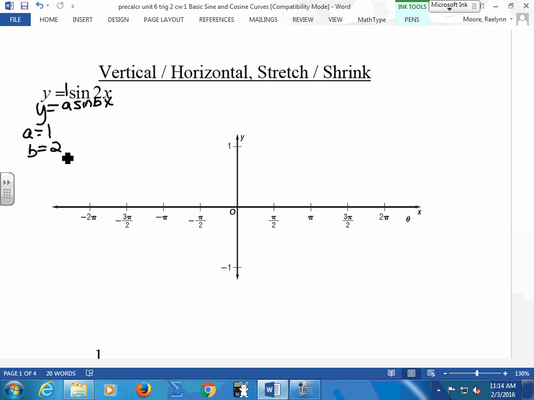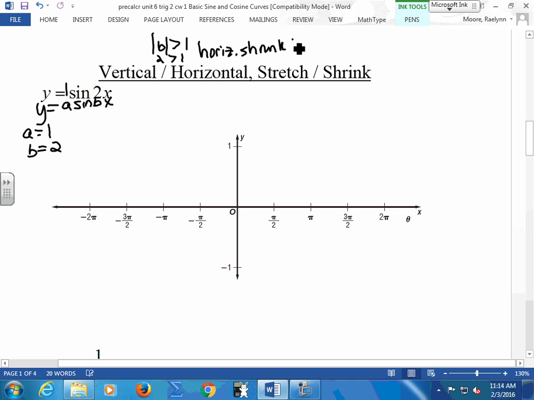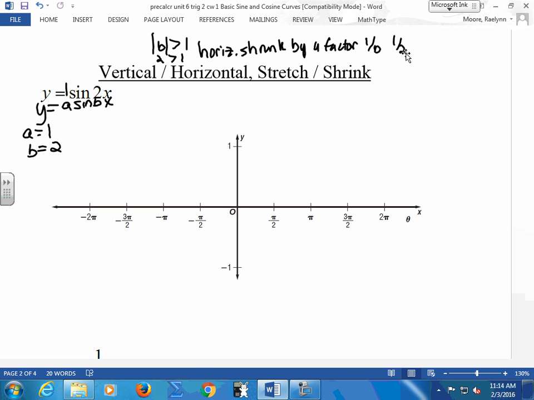It says, when the absolute value of b is greater than 1, is 2 greater than 1? Yes, we have a horizontal shrink by a factor of 1 over b, which would be 1/2. Okay? I followed your transformation rules. After we graph it, we're going to look to see if that makes sense. What I wanted.